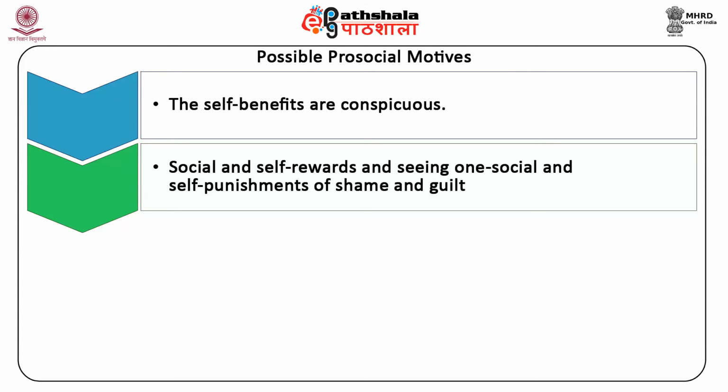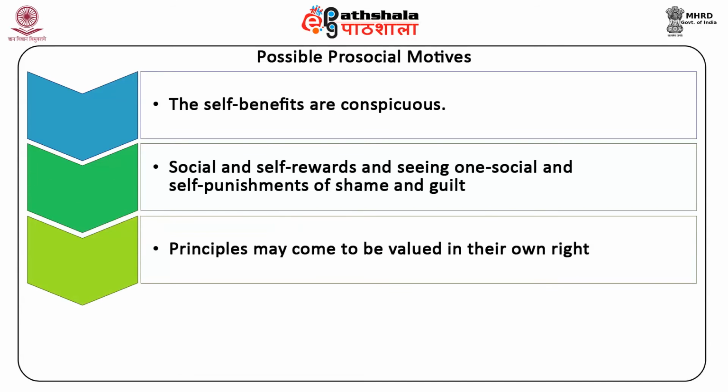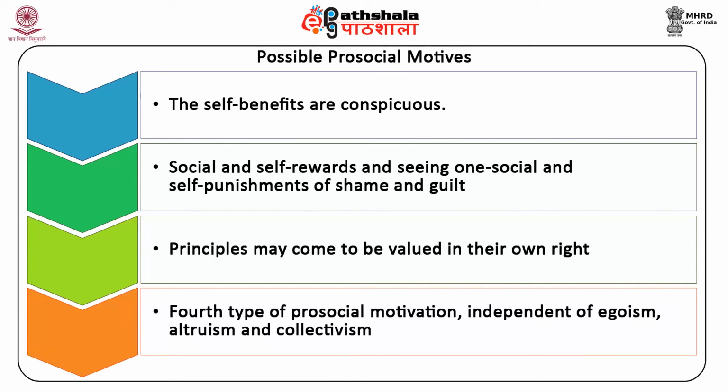Alternatively, through internalization or development of moral reasoning, principles may come to be valued in their own right and not simply as instrumental means to self-serving ends. Is upholding the principle an ultimate goal, with the ensuing self-benefits unintended consequences? If so, then principalism is a fourth type of prosocial motivation, independent of egoism, altruism, and collectivism.